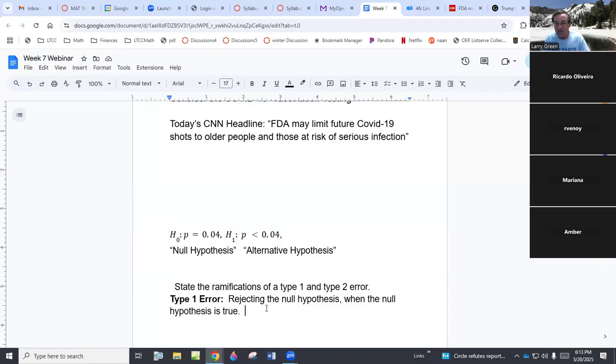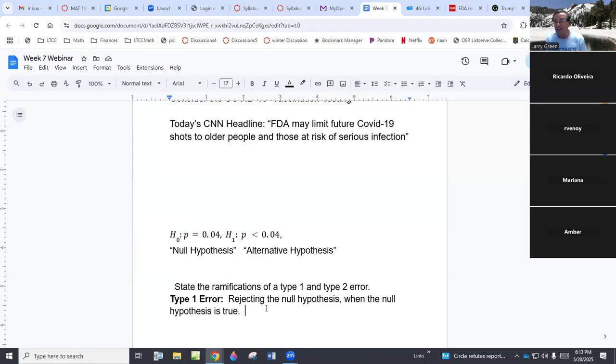Any thoughts? Yeah, so there's 2 ramifications. It depends on how you look at it. One is money. You spend a lot of money vaccinating all these people, and it didn't help at all. Another one actually is a biggie.